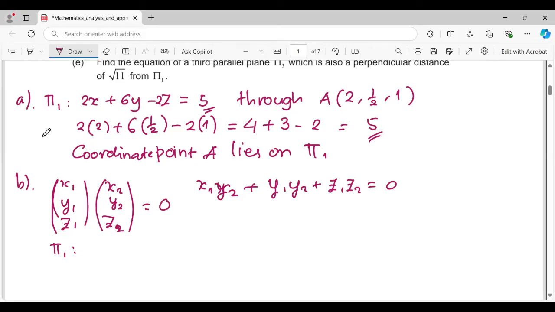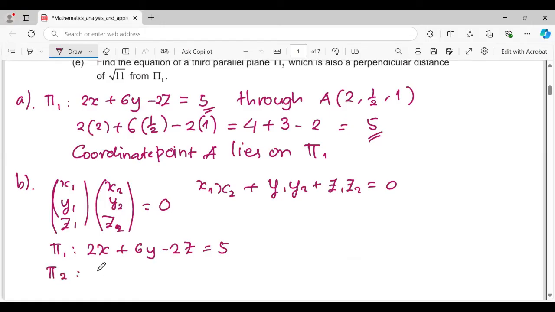Plane pi 1 is 2x plus 6y minus 2z equals 5. Look that the coefficient of x equals 2, the coefficient of y equals 6, and the coefficient of z equals minus 2.